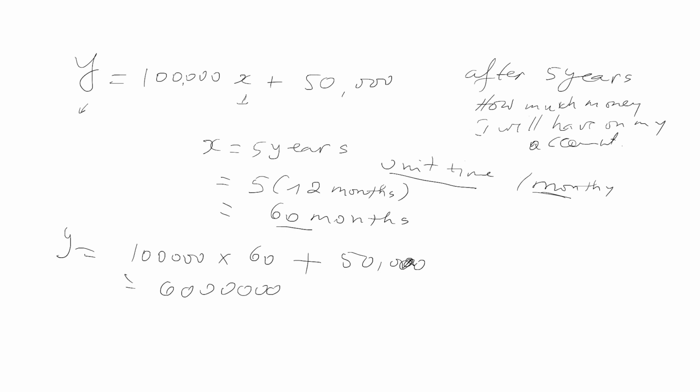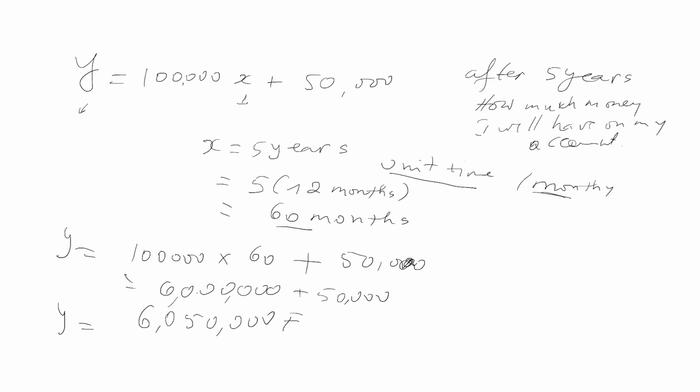It becomes 6 million plus 50,000. Then after 5 years, my account will be 6 million and 50,000. Please, you see, with my linear function, I can know after a certain time how much money I will have. Then I can start to plan accordingly.